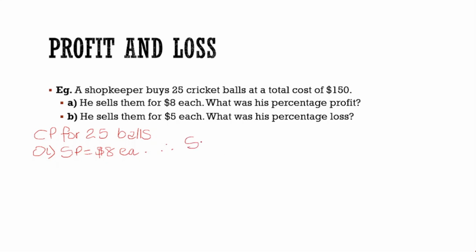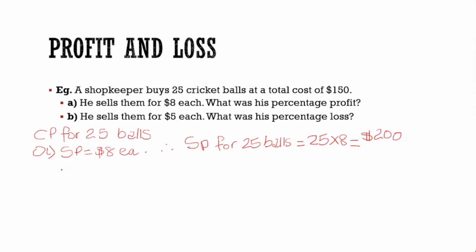So the selling price for 25 balls is going to be equal to 25 times the $8. And that works out to be $200. So now we have the selling price and we have the cost price, so we can determine what the percentage profit is.